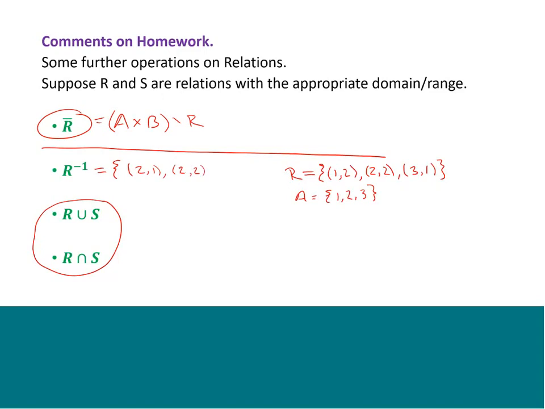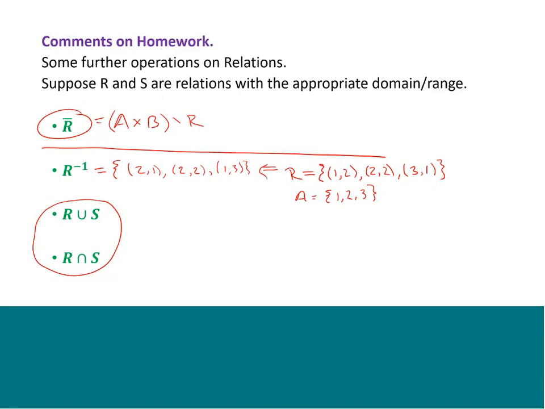And the last ordered pair there of 3, 1, when you swap its ordered pair, you'll get 1, 3. Now, I'm not going to lie, it fundamentally bothers me if those ordered pairs aren't in some sort of systematic order, but the set's order doesn't matter.